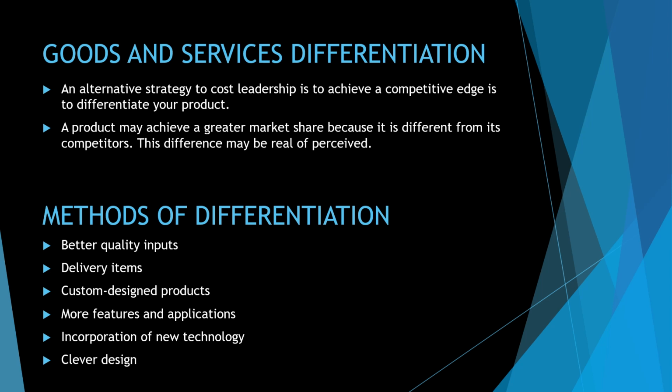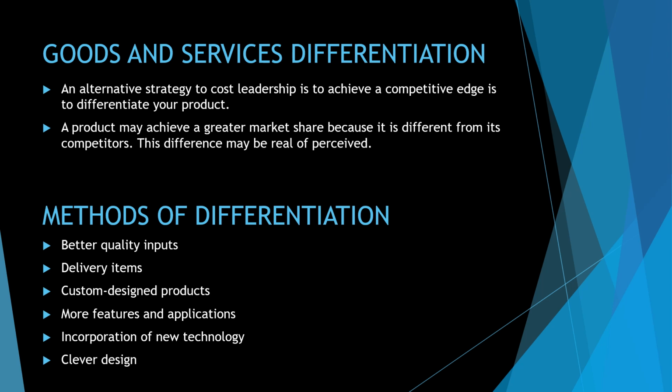So differentiation is about trying to gain customers not by being cheaper or more efficient, but just by being different, offering something that no one else offers, so they have to come to you at the price you charge. So you could try and differentiate by better quality inputs. In theory, if you're putting better stuff in, you should get better products out, so you make better shoes than everyone else because the leather you use is better.